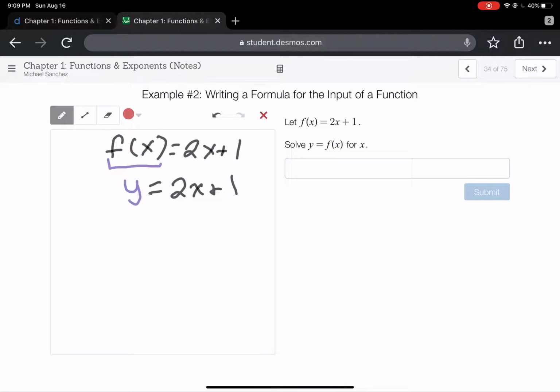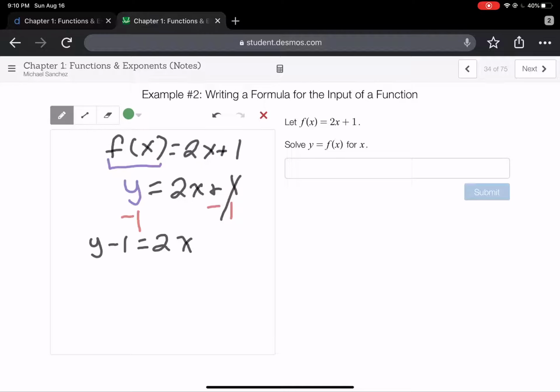The first step is to subtract 1 from both sides of our equation. That gives y minus 1. I cannot subtract 1 from y, so I'm just going to write them next to each other. I bring down my 2x because I didn't do anything to it, and then positive 1 minus 1 is gone, so there's nothing left after the 2x.